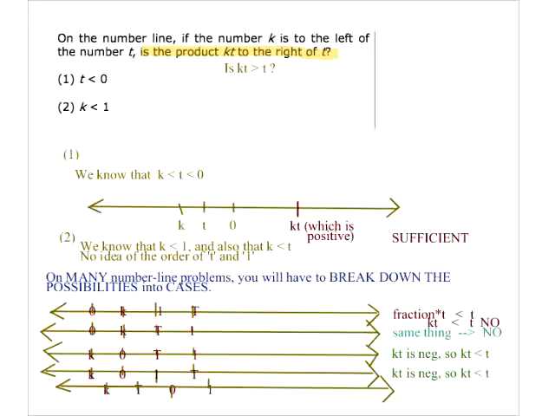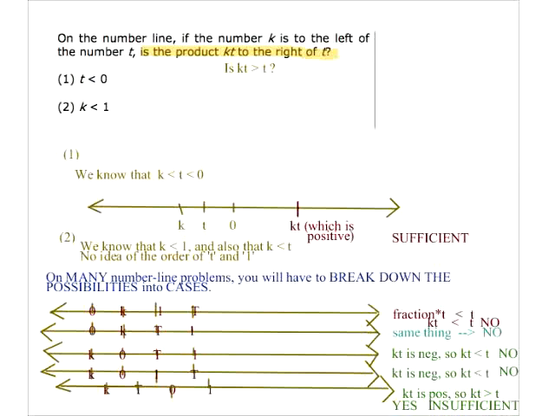These are all still no's to the question. But then in this case, kt is positive, so kt is greater than t. So that's a yes. There you go. Insufficient.